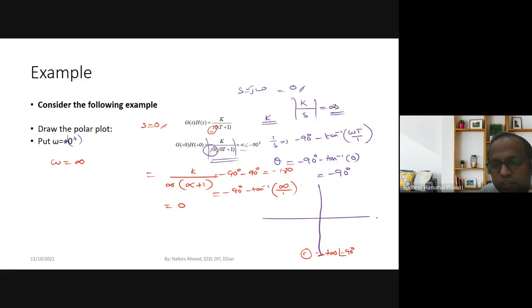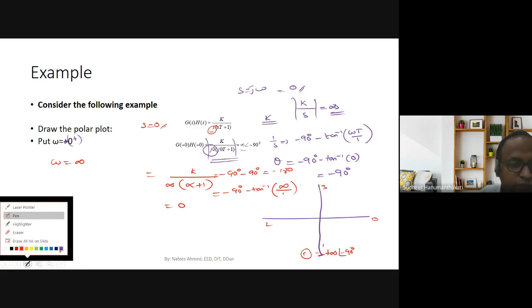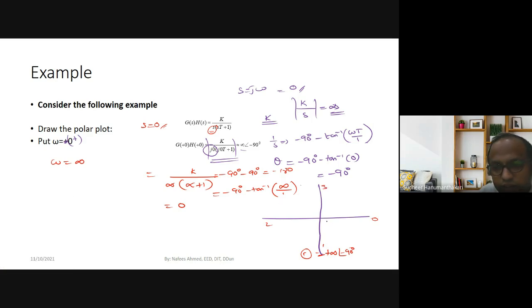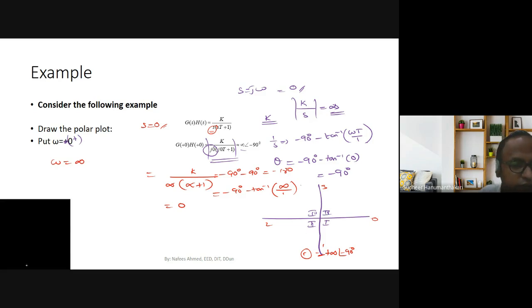So this is type 0, type 1, type 2, type 3. You write down like that. This is order 1, order 2, order 3, order 4.